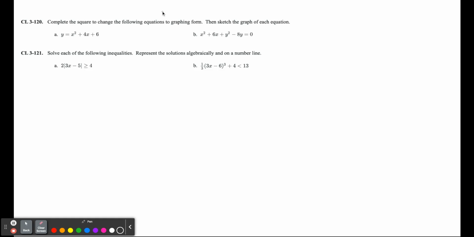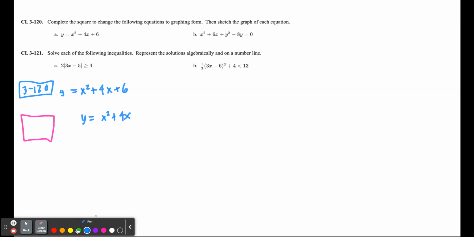Okay, so for these ones, it says complete the square to change the following equations to graphing form, then sketch each. So this one's a parabola, so you want to make like your area model, and then you want to make room to add this, and then whatever you add, you also must subtract, and you add what completes the square.